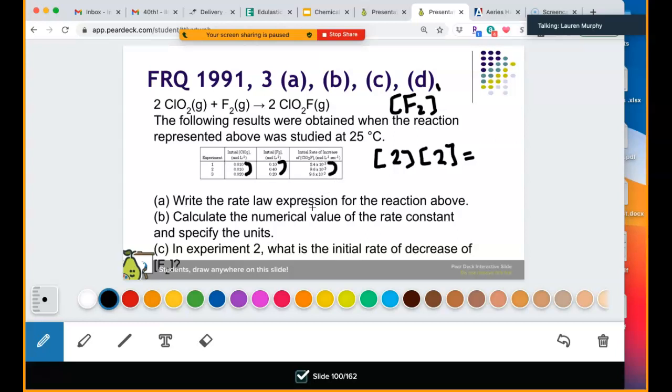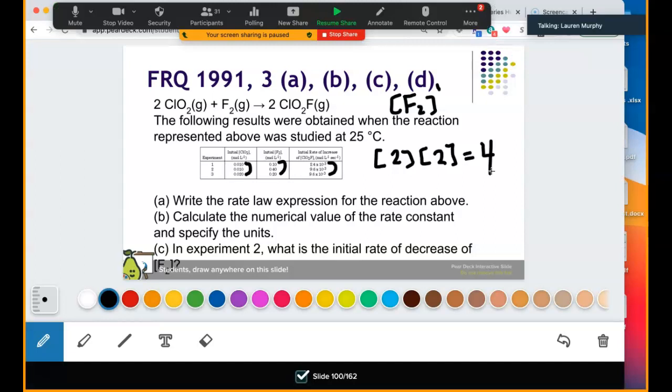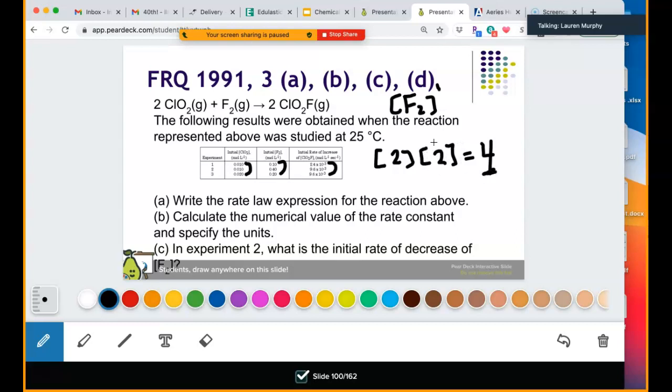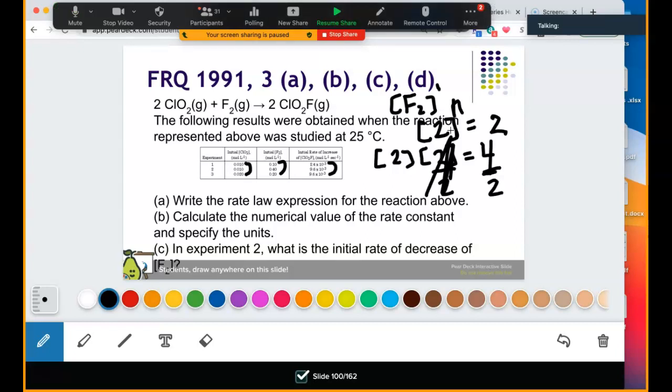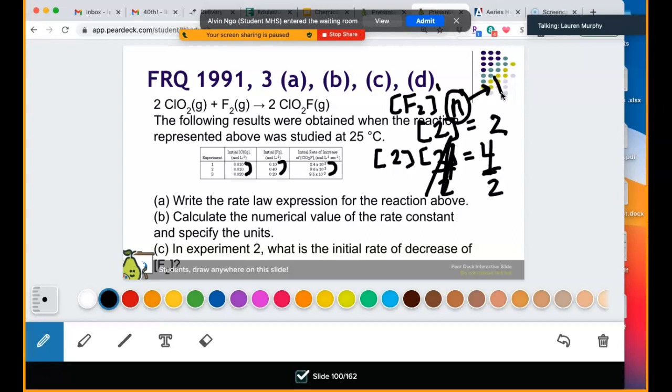Is that quadrupling? The reason you have to consider the other one is because they're both changing; the other one's not remaining constant. So if the rate changes by a factor of 4, part of it is because of the fluorine. Since fluorine is first order, you have to get rid of its effect. So what you're looking at now is that just the ClO2 is doubling, and it's truly only causing a doubling of the rate, because fluorine accounted for some of it, since it was also doubling and is first order. So really, the order of ClO2 is also 1.